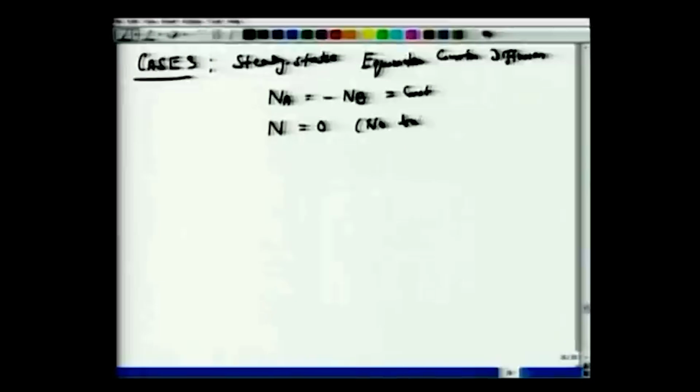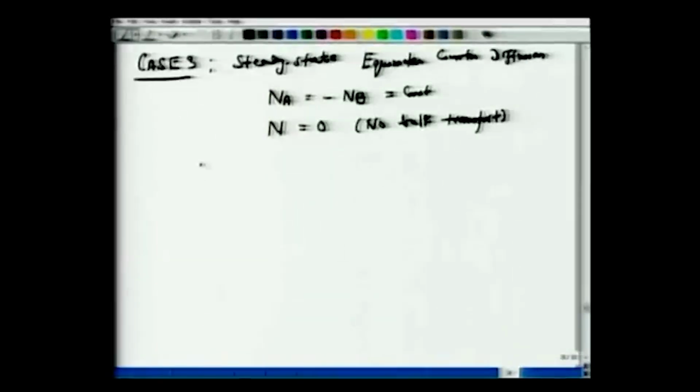In other words, we have Na equals minus Nb, which is constant with time. In other words, n equal to 0. So there is no bulk transport.